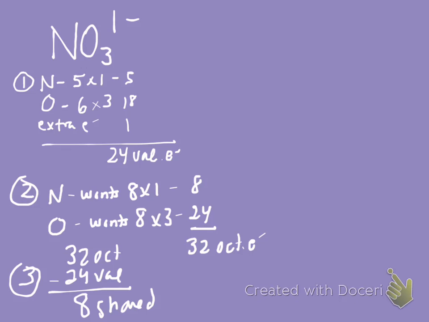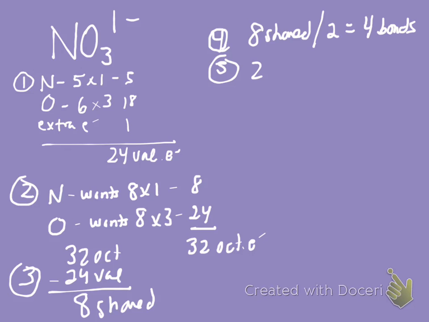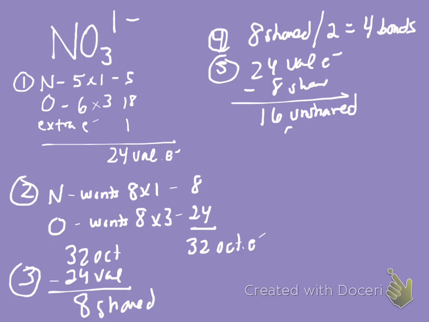Wunderbar. Sixteen unshared, 8 lone pairs.